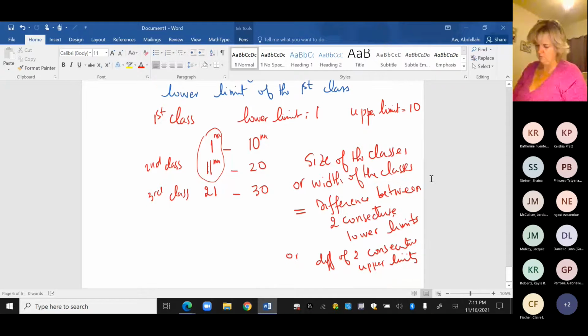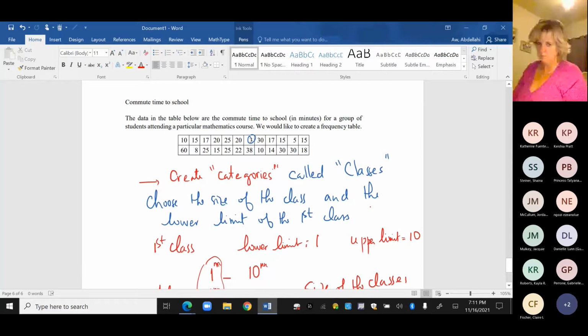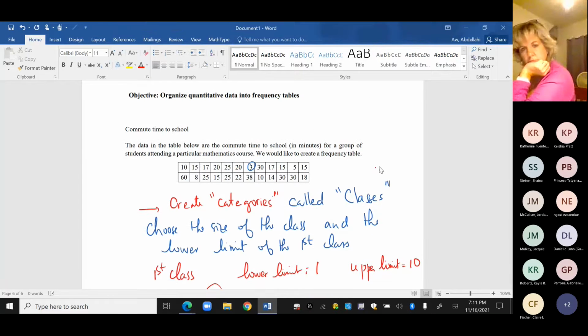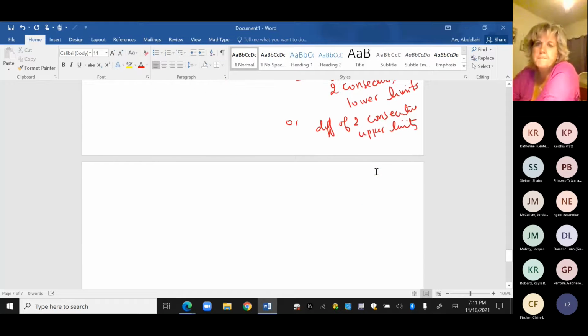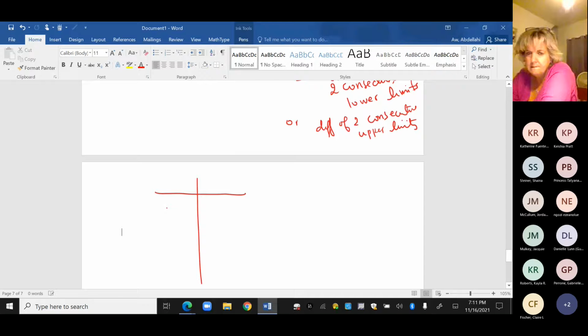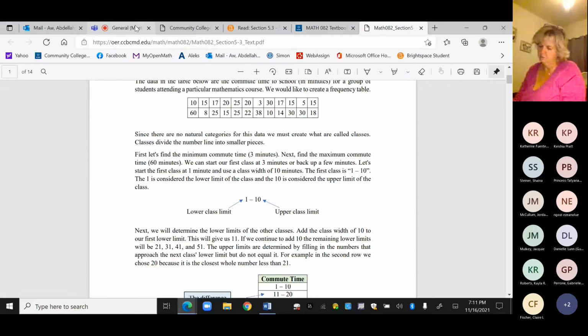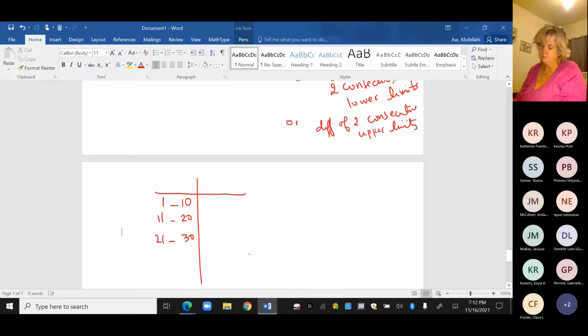So now if you want to represent my classes and do a frequency table, I do my classes right here. That is the classes: 1 to 10, 11 to 20, 21 to 30, 31 to 40.